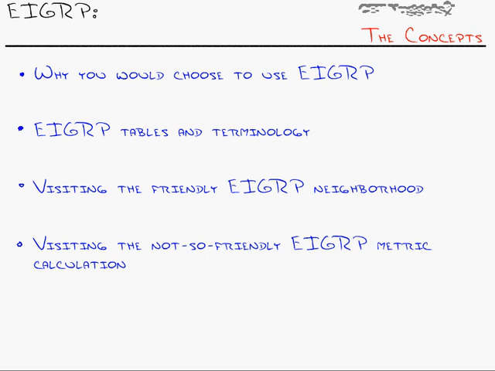We then looked at visiting the friendly EIGRP neighborhood, and the point of that was that there's very little for neighbors to actually form. Just that list of messages, the hellos, the updates, the queries, replies, acknowledgments, 5 messages that they use to speak to each other. And those are simple to find in debugs and packet sniffers. Now, when it comes to OSPF, you're going to find the neighborhood is not very friendly.